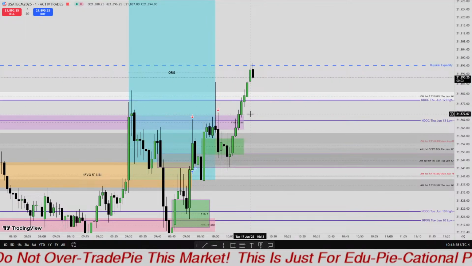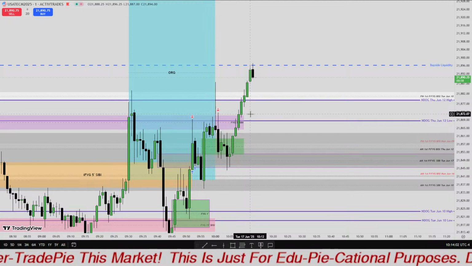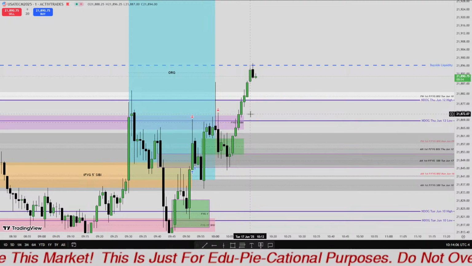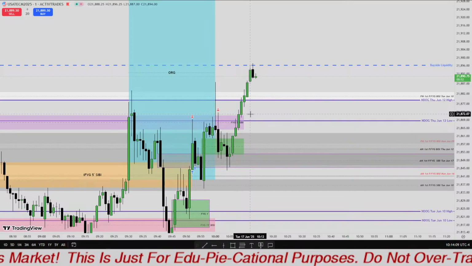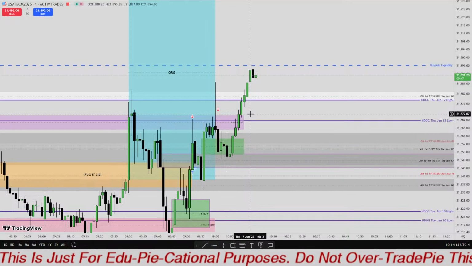Over here, I'm not very interested in going long, so just waiting for the market to have a little bit of retracement, maybe to the 5-minute CB, and using it as an inversion.